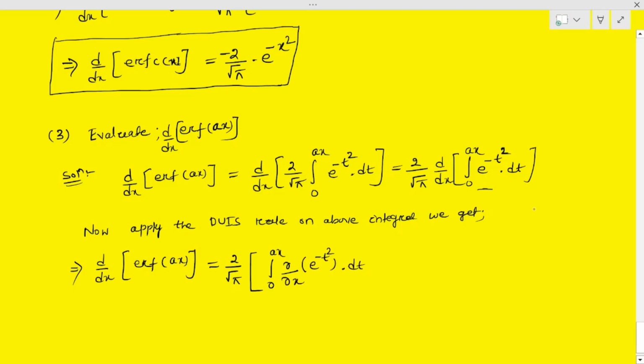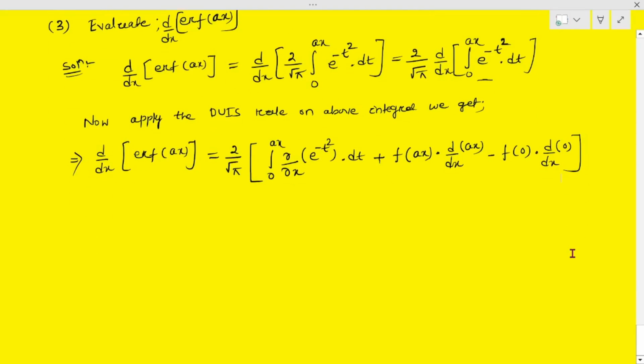The second term is f of higher limit, here ax, into d by dx of the higher limit. Minus f of lower limit into d by dx of the lower limit. That's it. You just practice 2 or 3 questions, you will get the confidence.